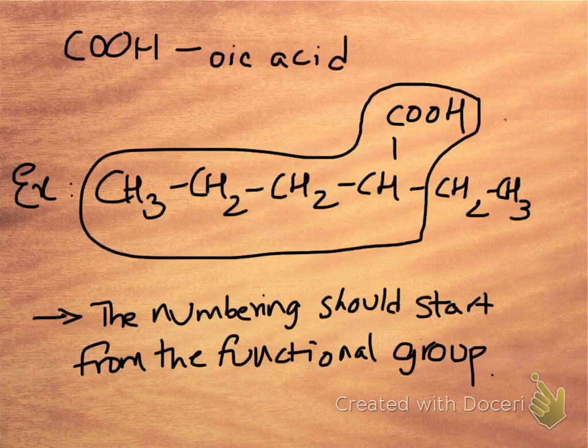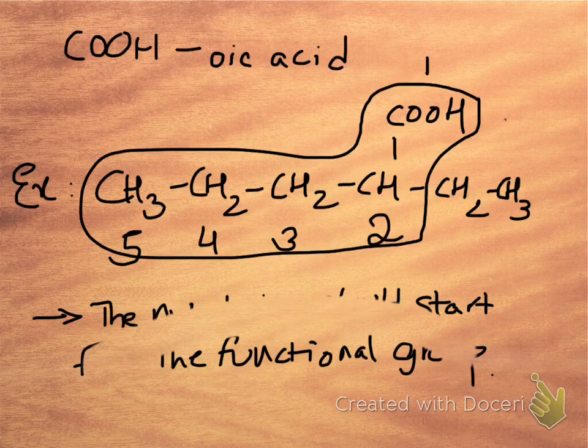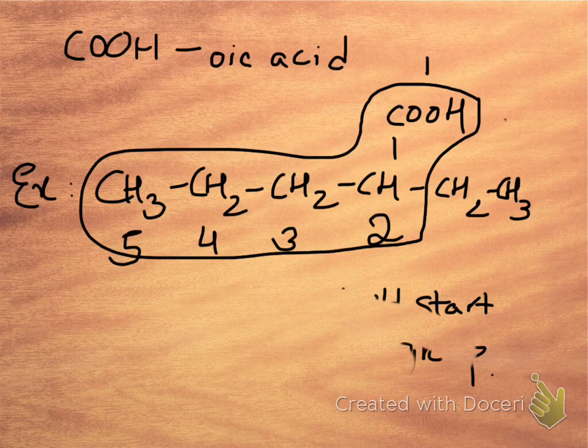So now the numbering will start like this: 1, this is 2, this is 3, this is 4, this is 5. Here we need not do back numbering again. So now how will we name this compound? We can name the compound easily. So the answer will be like this.